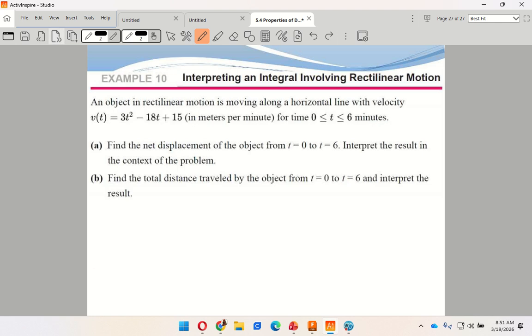An object in rectilinear motion is moving along a horizontal line with the velocity in meters per minute from 0 to 6. Find the net displacement from 0 to 6. Interpret the results in the context of the problem. So, net displacement.